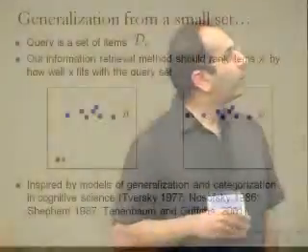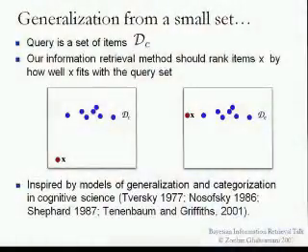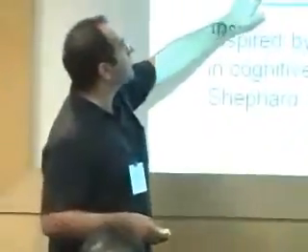And it's actually a problem that we can think of as generalization from a small set of items. So imagine that your query is a set of items like these blue dots. And we should be able to rank other items X by how well they fit in with the query set. Okay, so here this X doesn't fit in very well with this query set of items in some feature space.